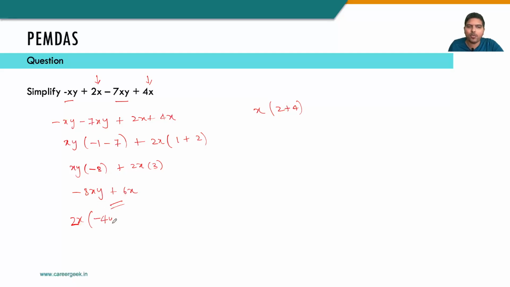So negative 4y. From 6x, you have 3 remaining. A 2 and an x is going out, so 3 remains. So either this format or the second format. One of these can be given in the answers. Okay, I hope this is clear. We can solve for one more question.